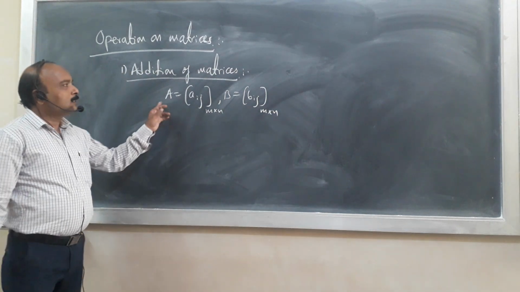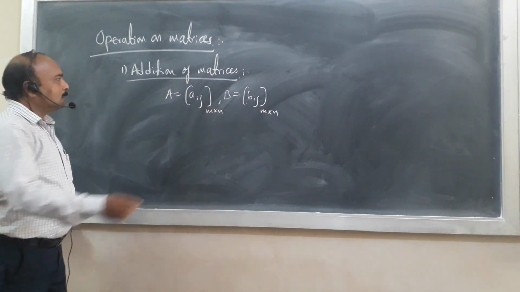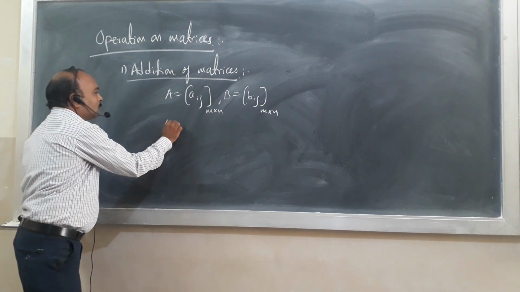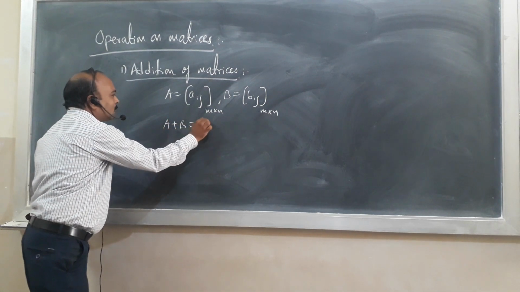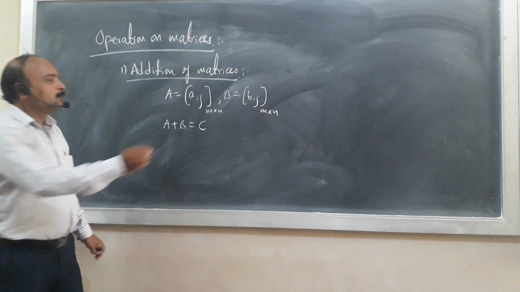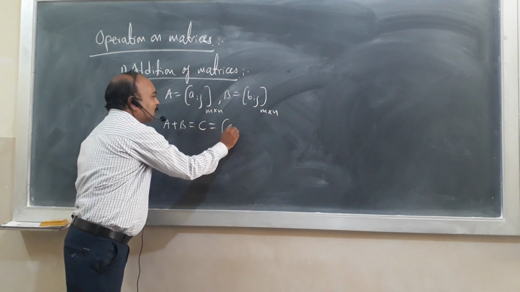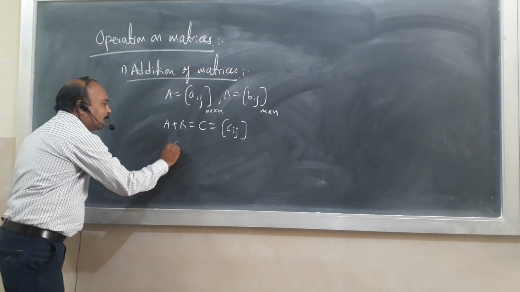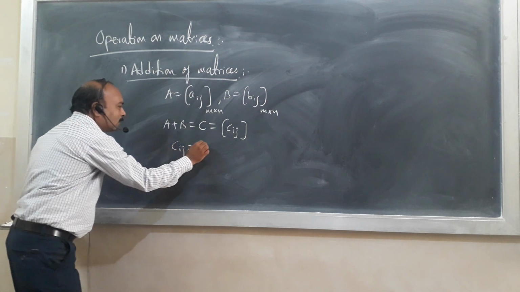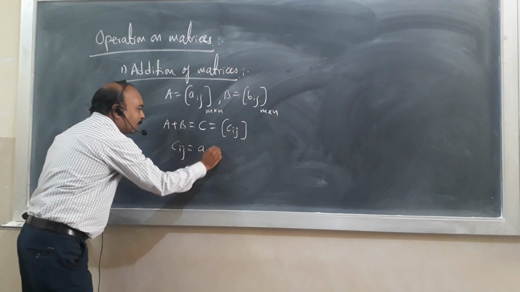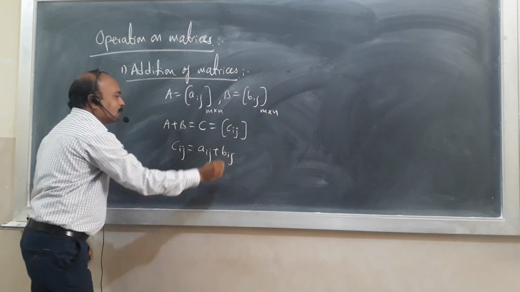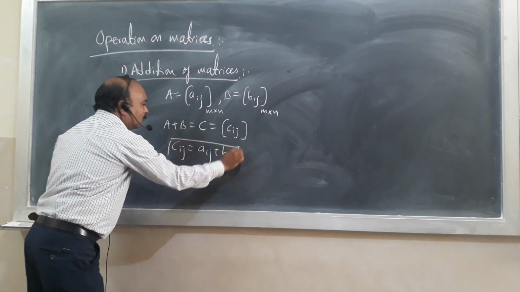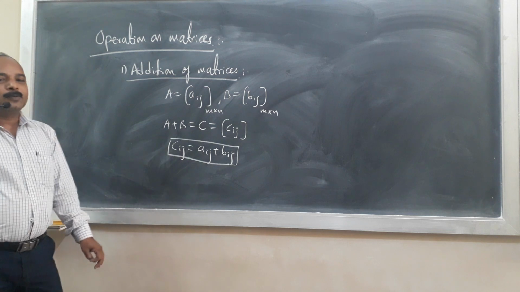Then the sum of these two matrices is another matrix A plus B, considered as matrix C, which is Cij, and here Cij is defined as Cij equal to Aij plus Bij. So this is the rule of addition of two matrices.